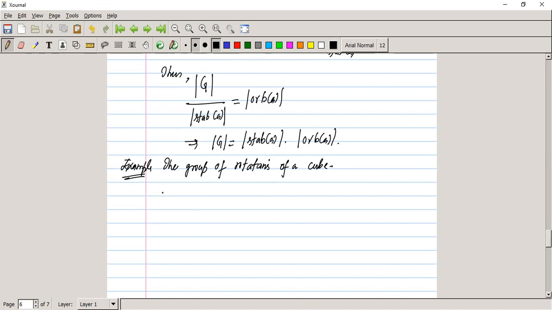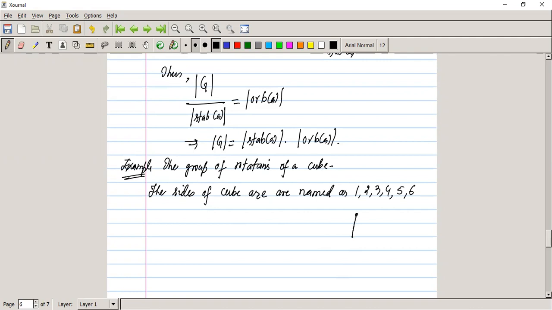Suppose here we assume that the sides of the cube are named as 1, 2, 3, 4, 5, and 6. Let's assume our cube is like this.